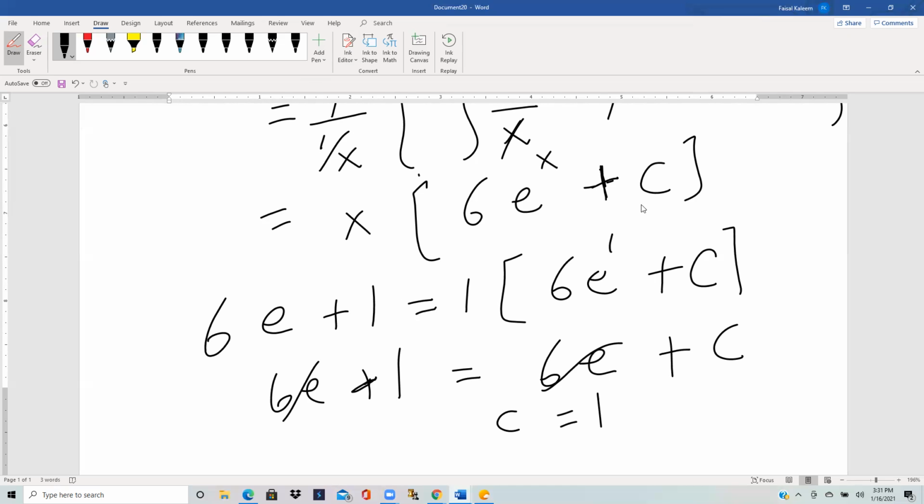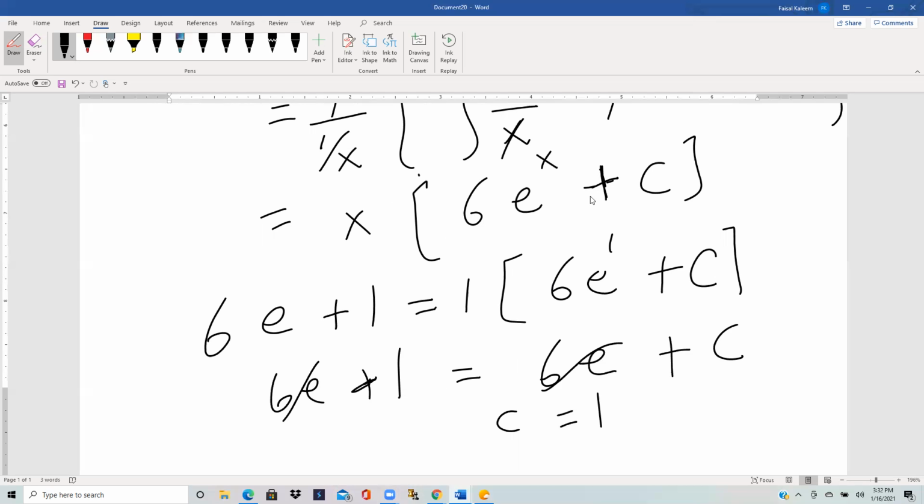So this is the answer with c as 1. So it's x times 6e^x plus 1. So we can write it as 6x e^x plus x, because x times 1 is x. y equals 6x e^x plus x.